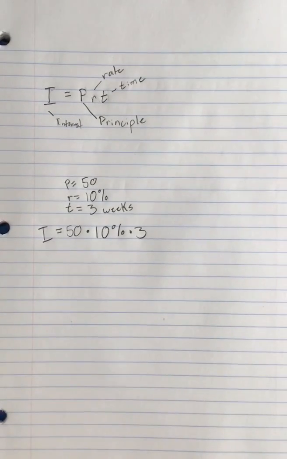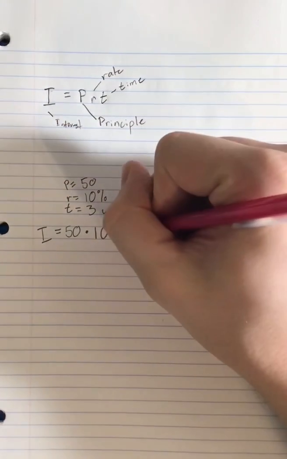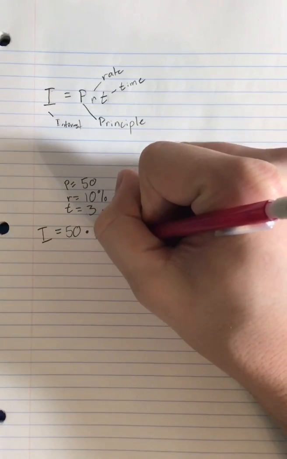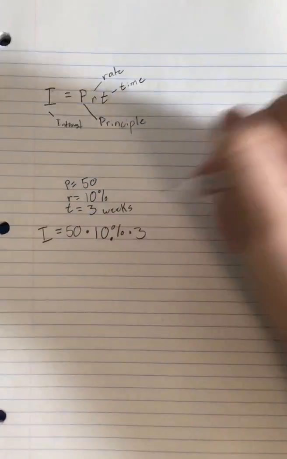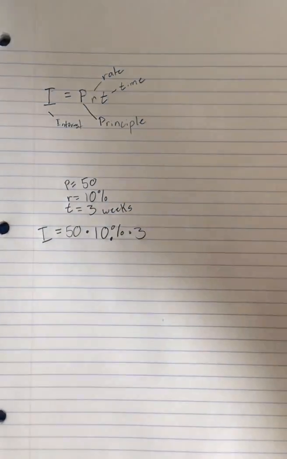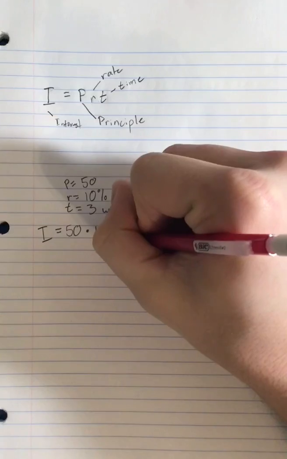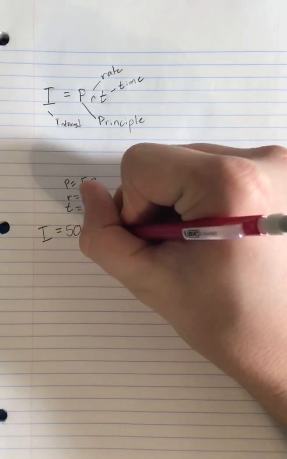Remember that we don't want to multiply by a percent if we don't have to. So we're going to turn that percent into a decimal. In order to turn that into a decimal, we move that decimal place 2 places to the left. Currently, it's invisible and sitting right after the 10. We're going to move this 2 places to the left.